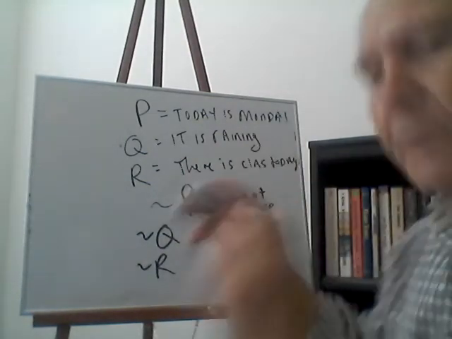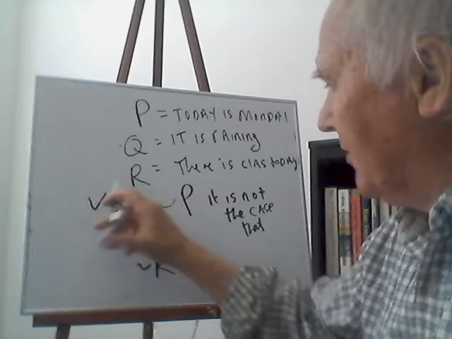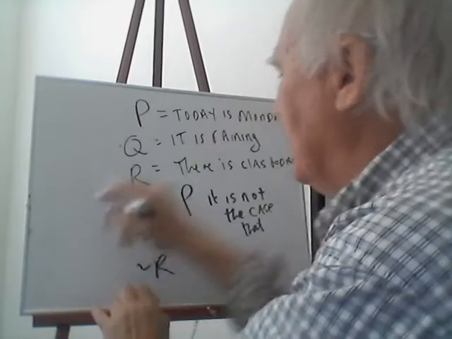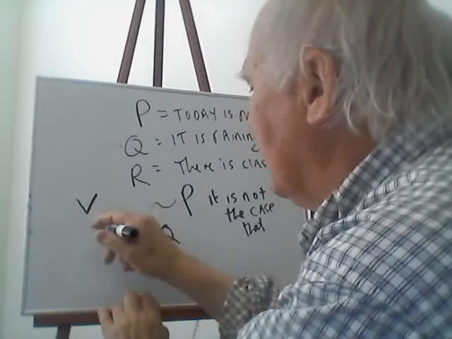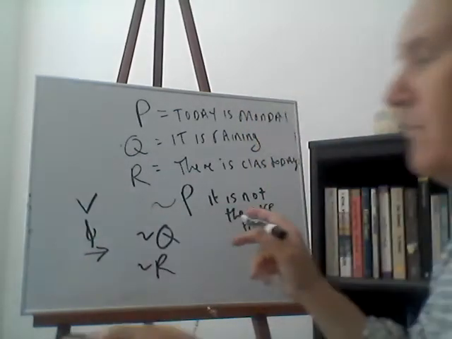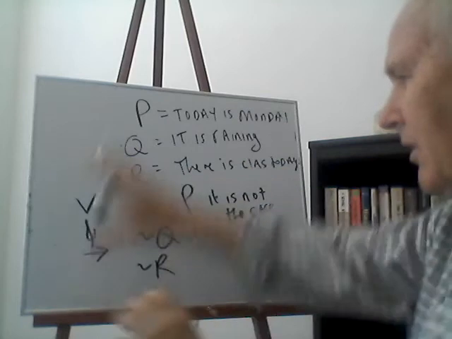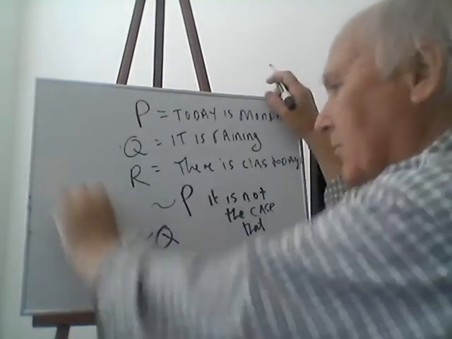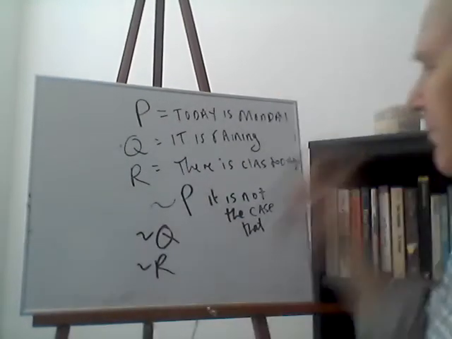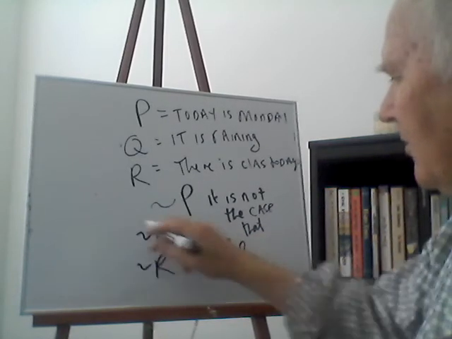Later on, I'm going to introduce different symbols: the V, or the vel, which stands for or; the ampersand, which is and; and the arrow, which is if then. But I'll do this later. Right now I'm going to stick with the negation sign, the tilde.